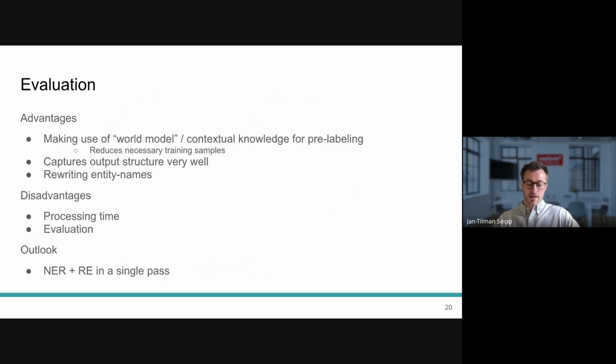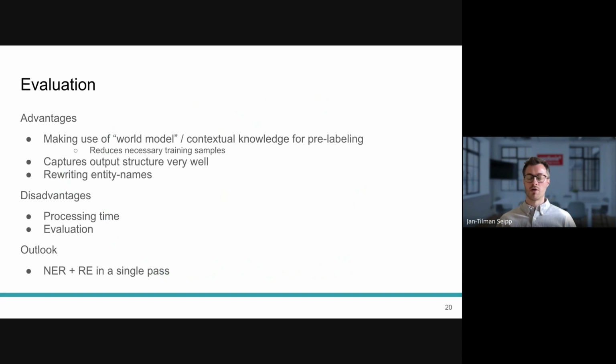And then a last slide about the evaluation of the entire approach. What we can see, and I showed it in some examples, is that we're actually using the world models or the contextual knowledge in the pre-labeling, and we see that it reduces the necessary training examples.